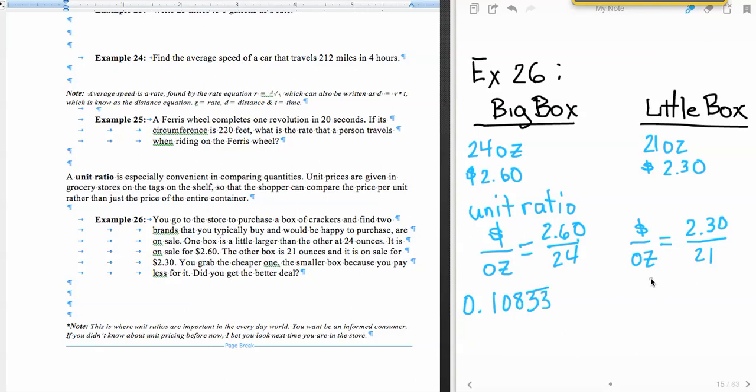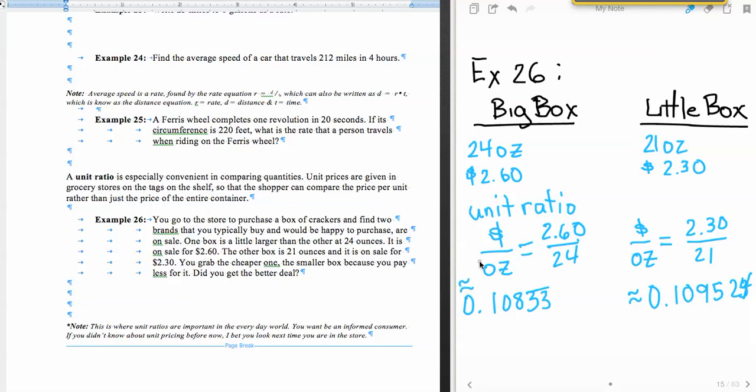Over here, 230 divided by 21, and that's going to give me 0.109523, and then it's going to go on and so forth. So this is an approximate, and this is an approximate too.